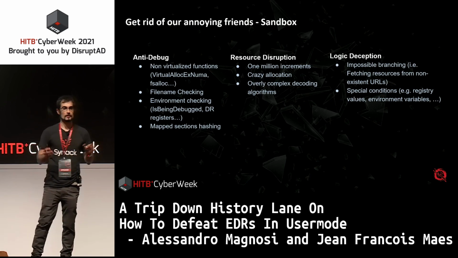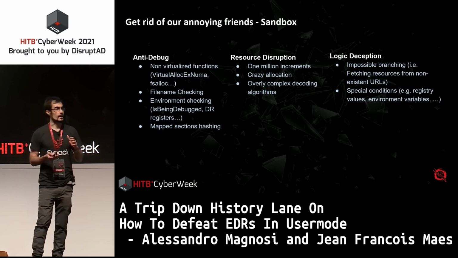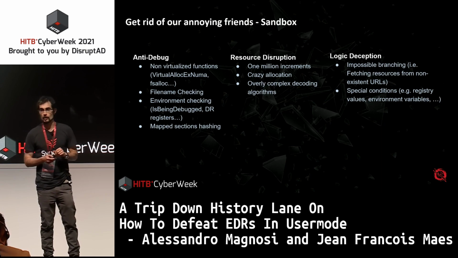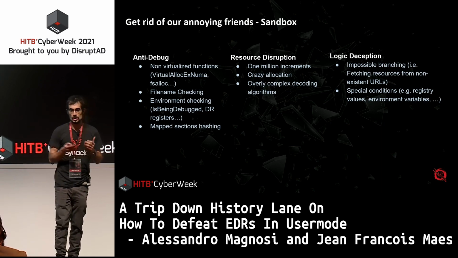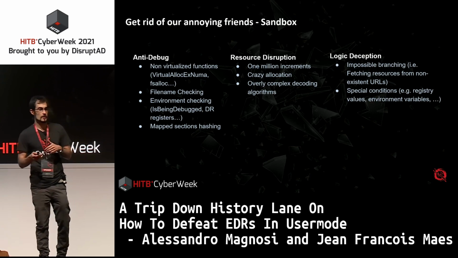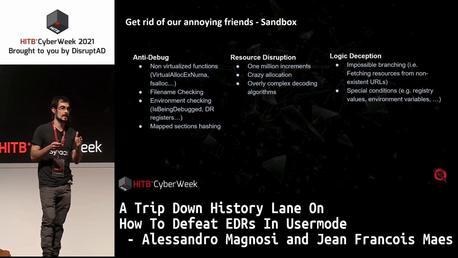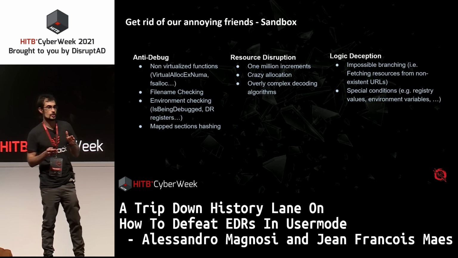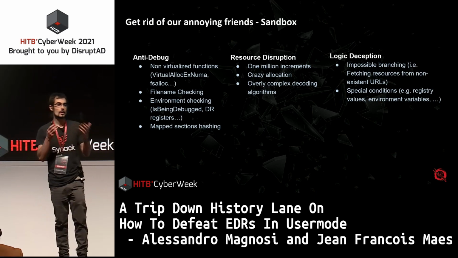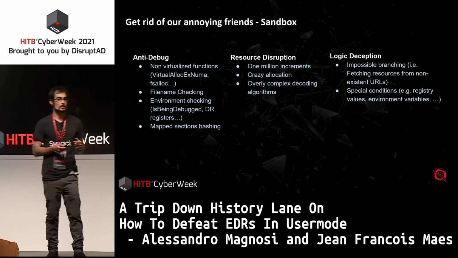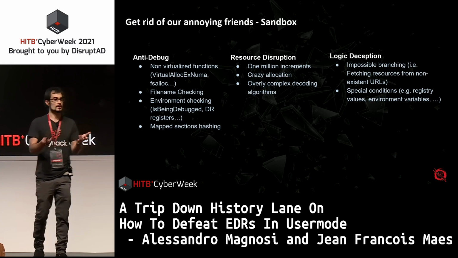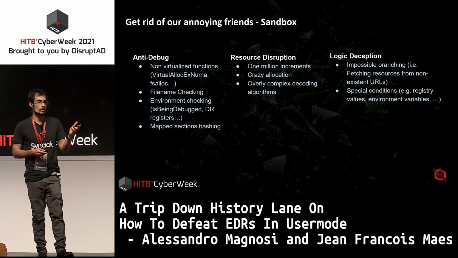Another technique is logical disruption, or logic deception, which is using techniques that are impossible to achieve within a VM. For example, if we know the user we are attacking, the VM will not be able to know which user I'm attacking, so it won't be able to continue the execution if I'm checking the name of the user, or checking the registry or whatever.